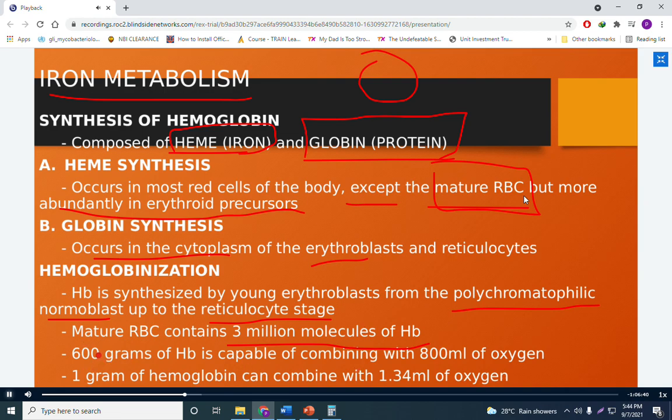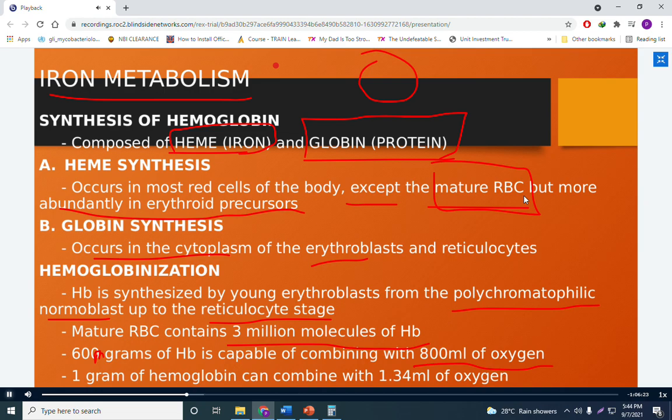Now, 600 milligrams, sorry, 600 milligrams of hemoglobin is capable of combining with 800 ml of oxygen.